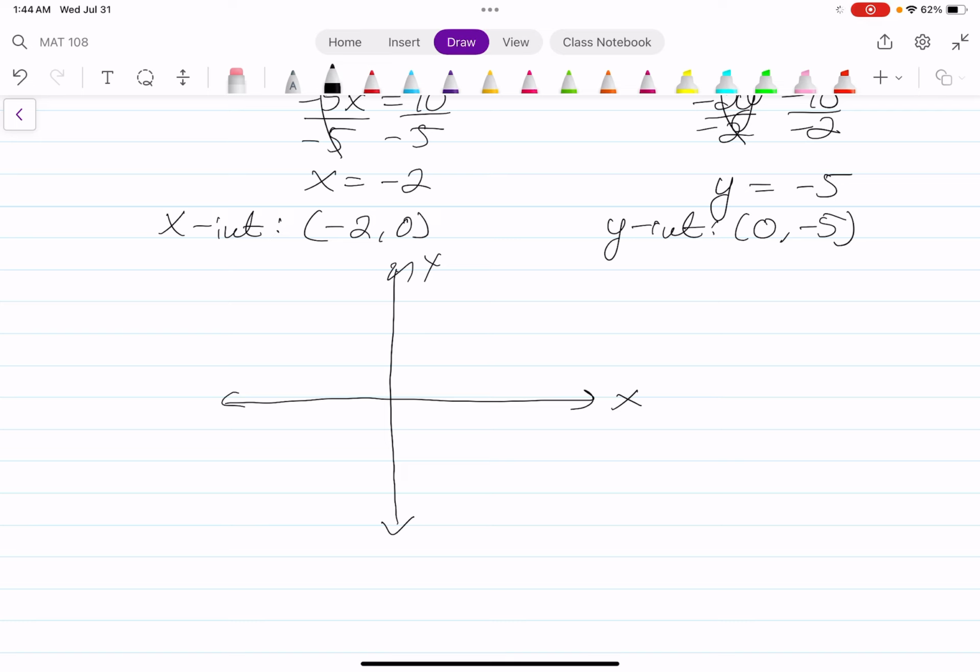X-axis, y-axis, 1, 2, 3, 4, 5 in each positive direction, and 1, 2, 3, 4, 5 in the negative direction for x and for y. The x-intercept is negative 2, 0. The y-intercept is 0, negative 5.